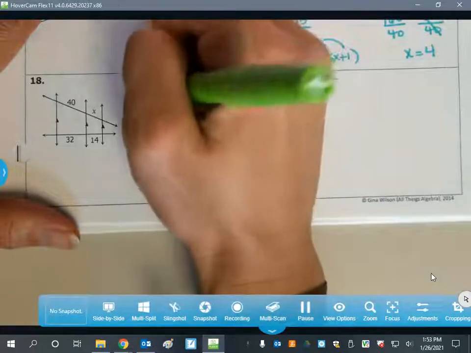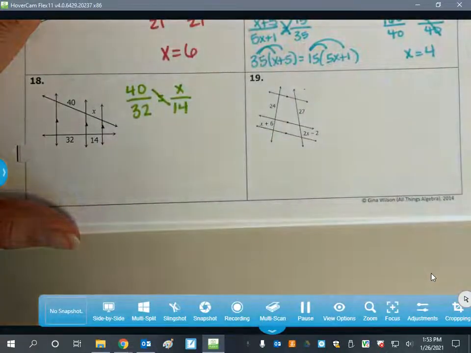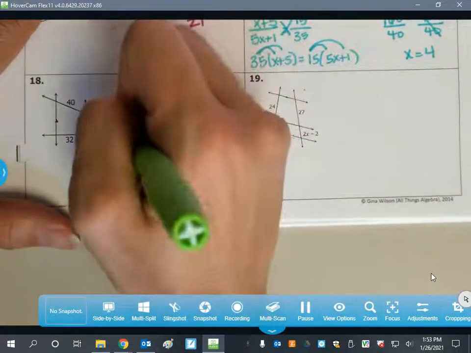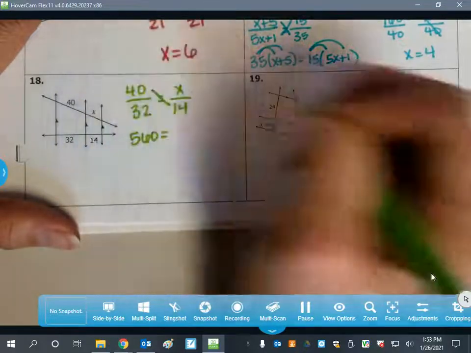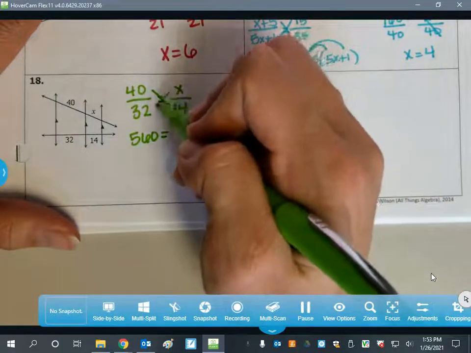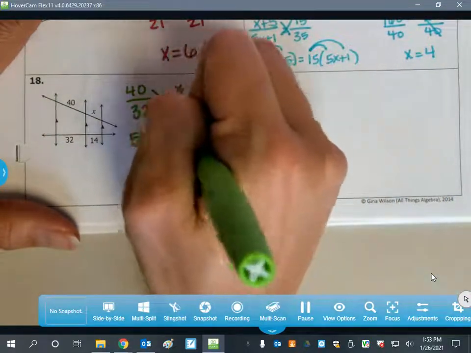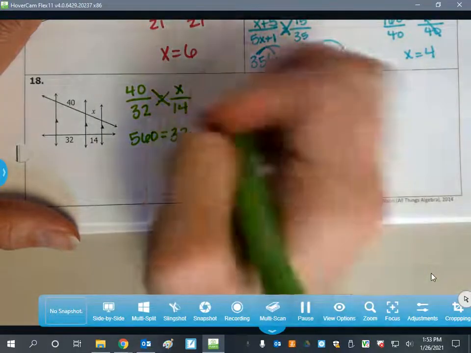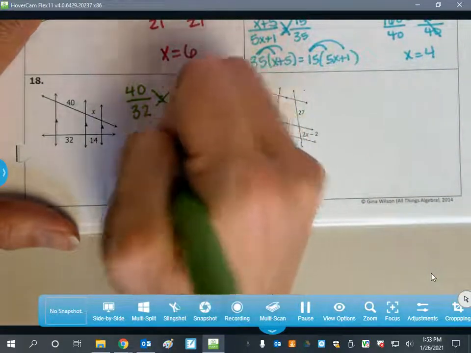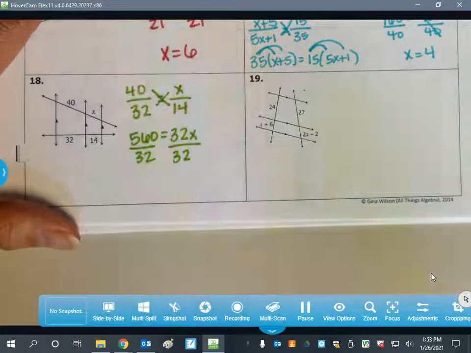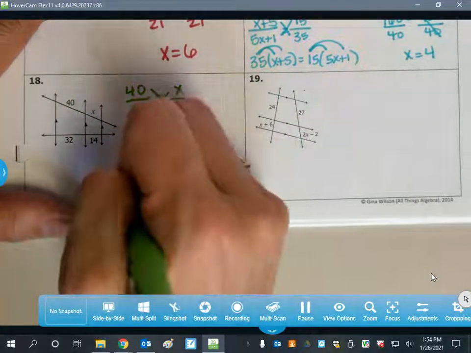Cross multiply. 40 times 14 is 560 equals x times 32, 32x. Divide both sides by 32. And x is equal to 17.5.